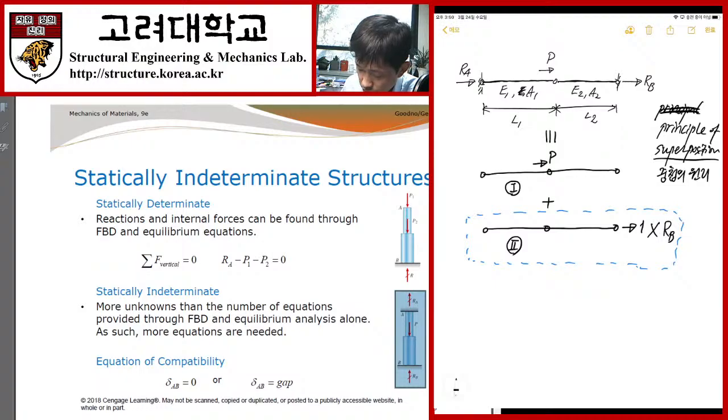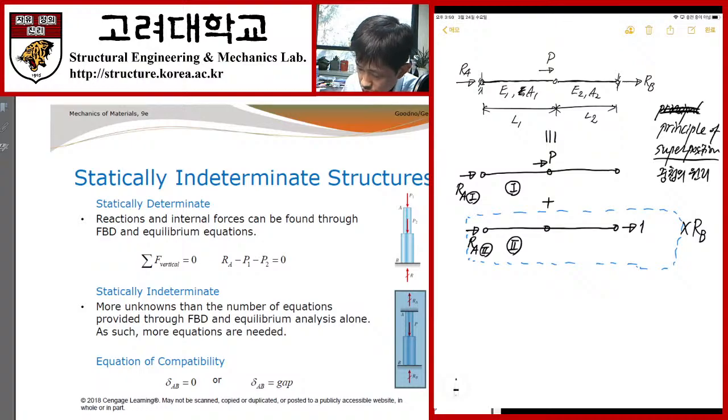That's what I want to do. By the way, maybe better to use this multiplication outside of this box conceptually. So RB. And then here I have reaction RA in system 1, and again here we may calculate the reaction RA, but for system 2.